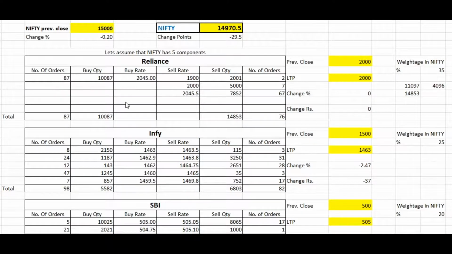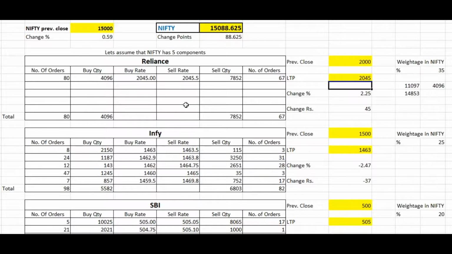Now you can see these buyers are gone because they are executed at 2045, and these sellers will also be gone. Those sellers and buyers are matched at 2045, and this quantity will also get reduced to 4096. There were 7 orders previously, so the number of orders will get reduced to 80. So those 7,000 quantity are sold off at 2045 and the LTP will be 2045.